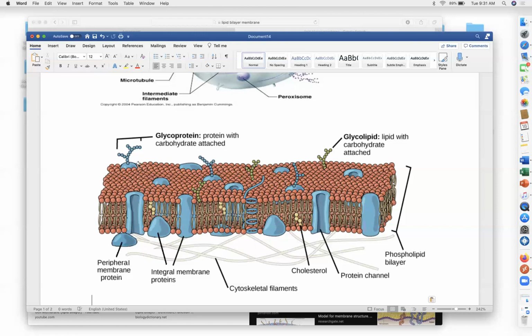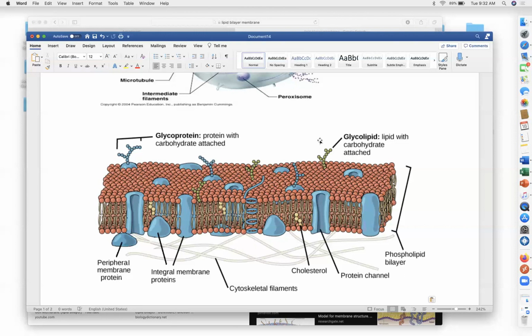Now, you'll also notice, remember I told you there's a lock and key mechanism here for the proteins, right? Well, the lock and key mechanism is based on chemical recognition of what the cell is and what the cell does. So you have these glycolipids made out of sugar and fat.